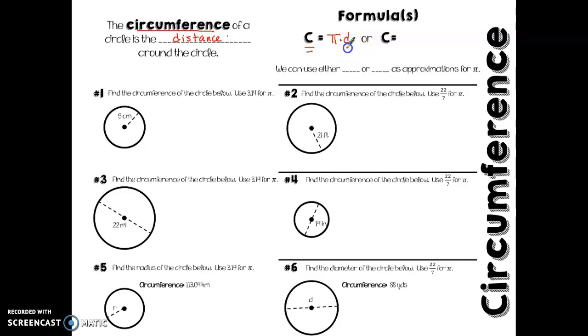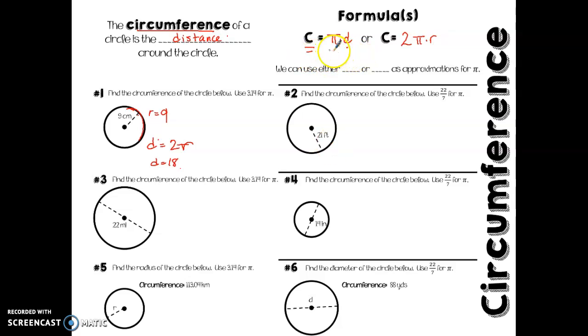If you don't have the diameter and you're given the radius of a circle, like in this expression right here, where you can see the radius is equal to 9, the diameter is 2 times the radius, twice the radius, so the diameter in this circle would be 18. That means the formula for the circumference could be 2 times pi times the radius. We just have to double the radius.